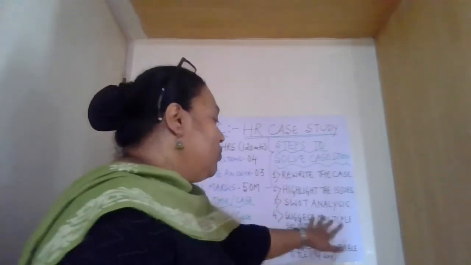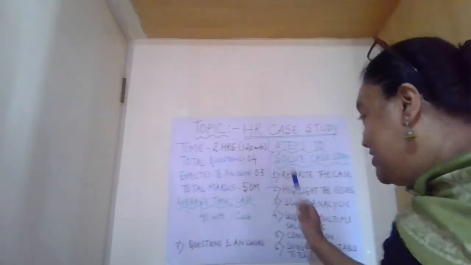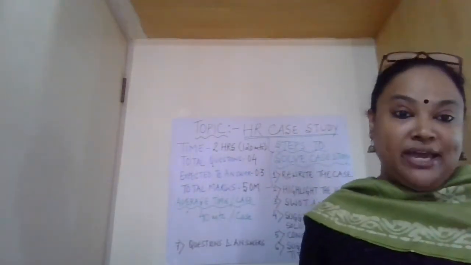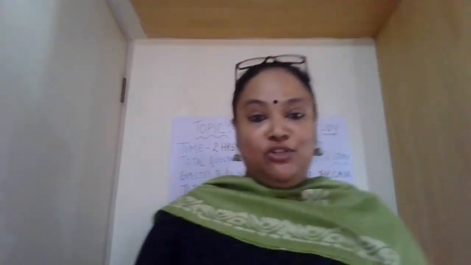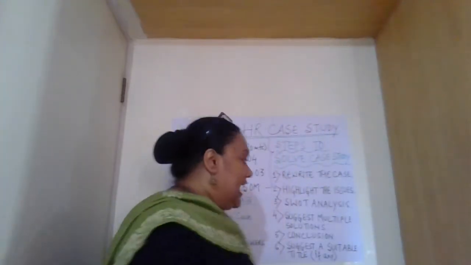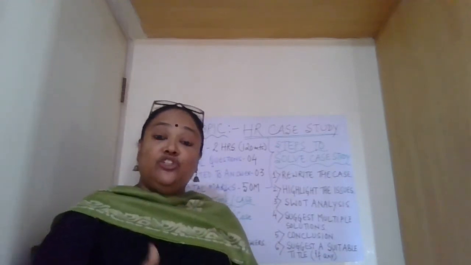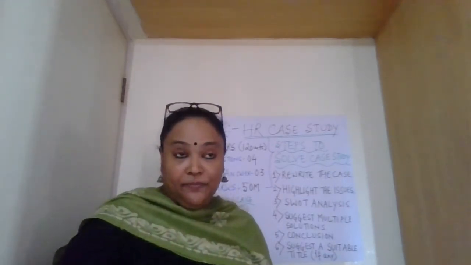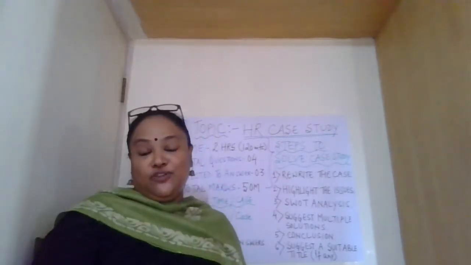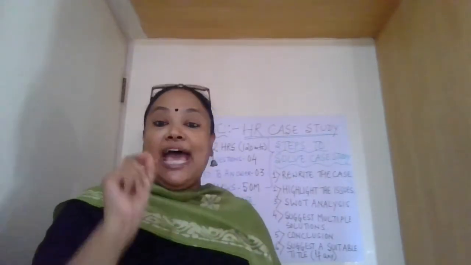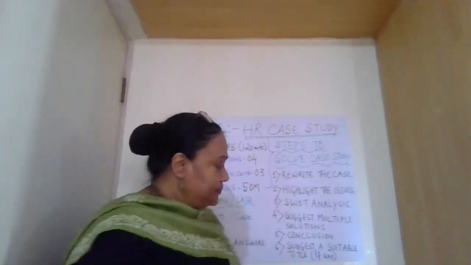Once you have given a set of solutions, under the conclusion section, you are expected to choose one of the best possible solutions that you think has been discussed so far in the case, and which you as an HR manager, as an HR professional, believe is the most apt, most suitable to resolve the problem.